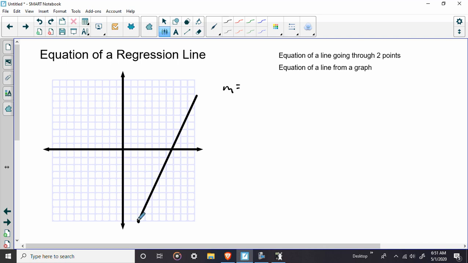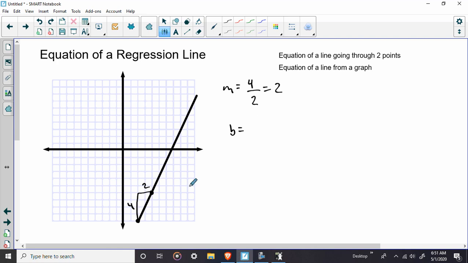So I'm going to pick this point down here, and I'm going to pick, oh, I don't know, I'll pick this one right here. Okay. So again, what's my change in y over my change in x? Well, I went up 4, and I went over 2. Okay. Now my y-intercept, I'm sorry, 4 divided by 2 is 2.